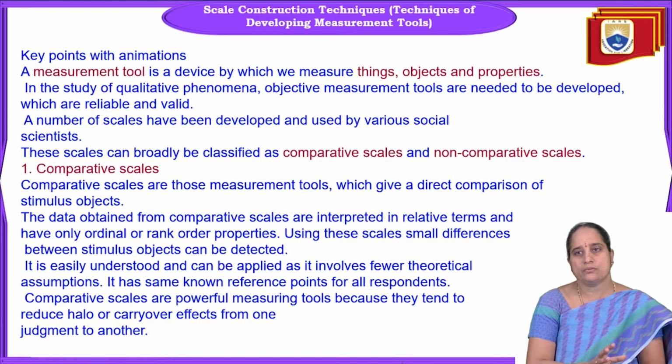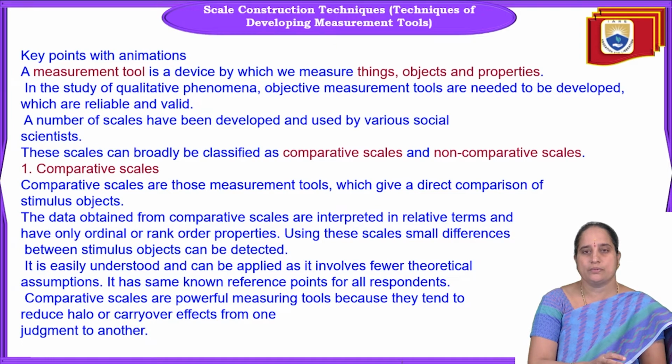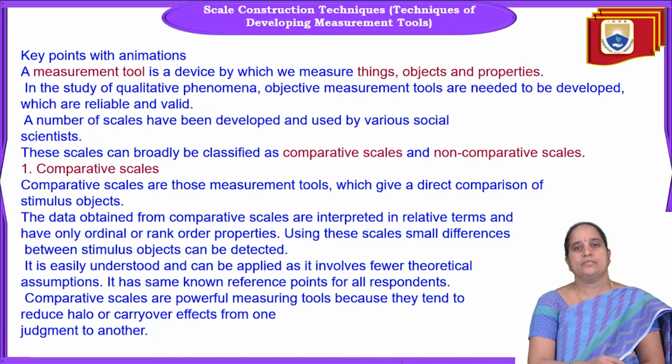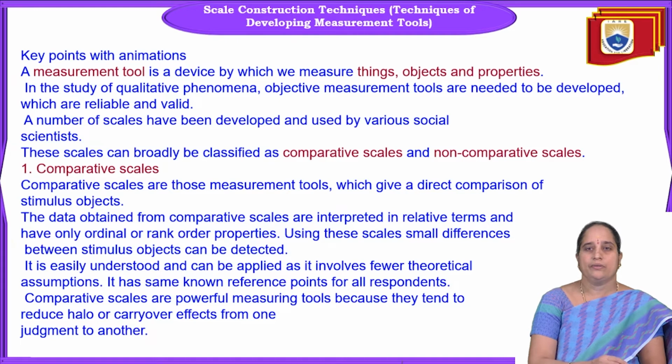So it includes scales like the ordinal scale, and rank order properties are also considered under comparative scales. Using these, we can find small differences between stimulus objects and they can be detected very easily.